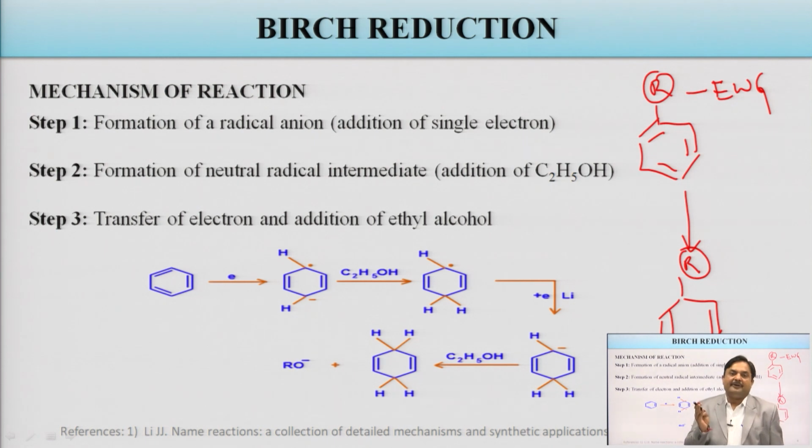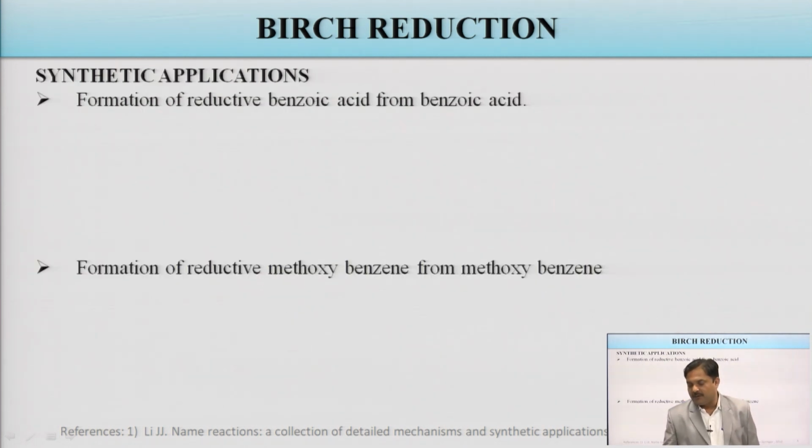The second thing, we are taking ethanol or methanol or tertiary butanol as a proton donor, and we can also take a primary amine in place of ammonia, because it provides a little advantage in terms of temperature. In the case of a primary amine, we can carry out this reaction at a slightly higher temperature, while in the case of ammonia the temperature should be kept low, as ammonia has a very low boiling point. So, these are the important points you should note down.